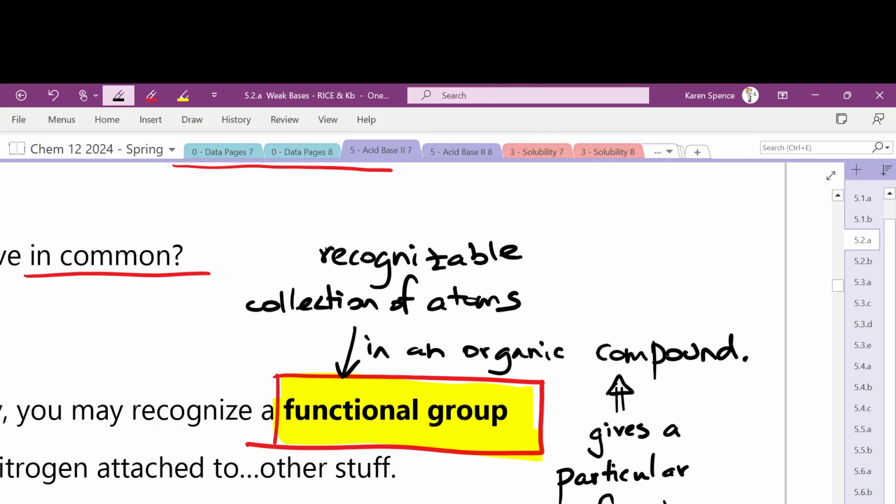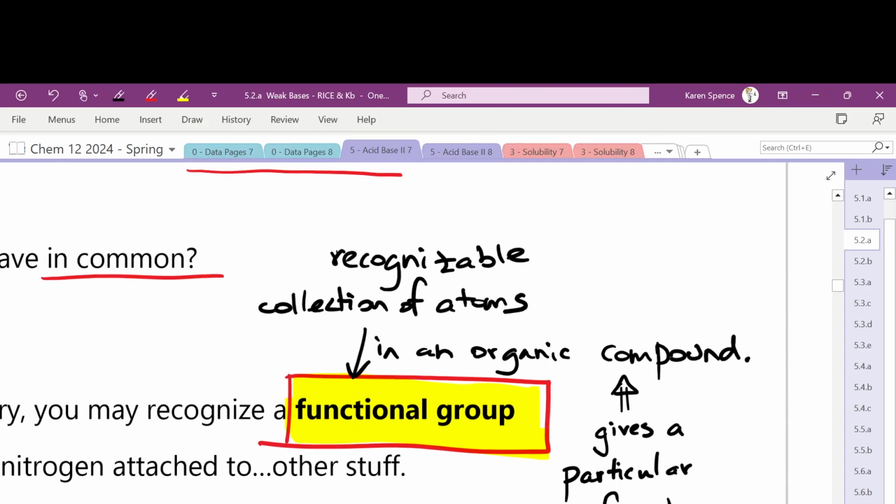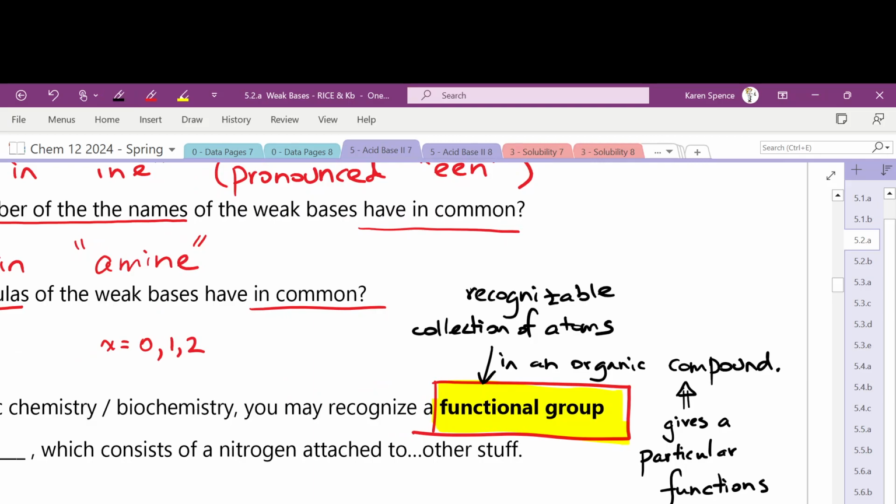Okay, you don't need to know any of that for Chem 12. You just need to be like, okay, whatever. But if you go take organic chem, that's what it means.